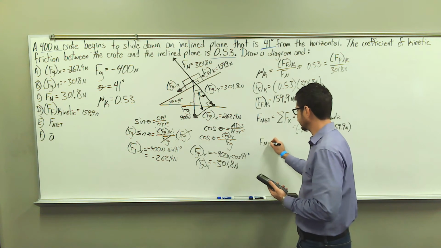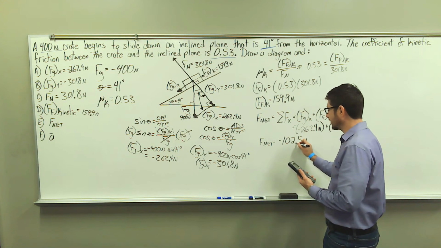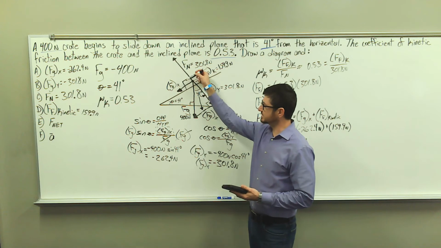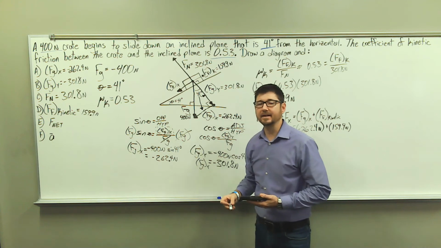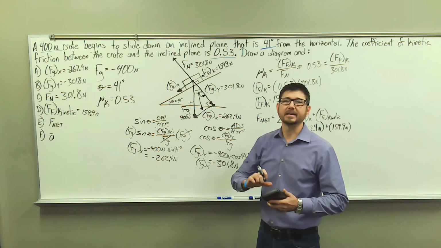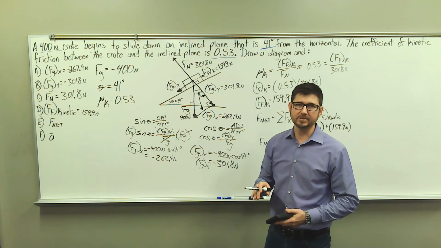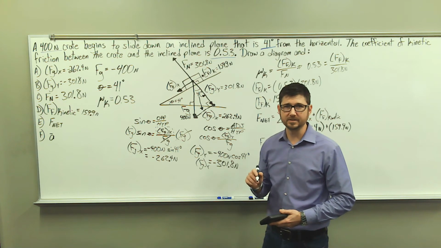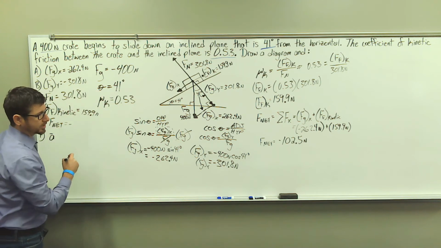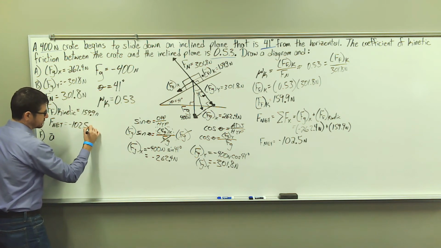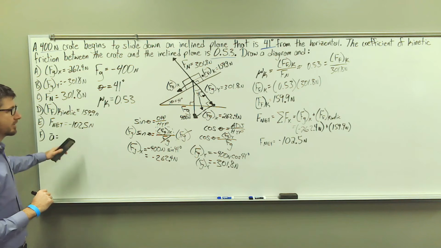So my net force is going to be pointing, the vector points down the ramp, and we know that according to Newton's second law of motion, if we have a net force applied to an object, the object will accelerate, and that acceleration vector points in the same direction of the net force vector. So net force right here, negative 102.5 newtons. And now we're going to calculate the acceleration for part F.